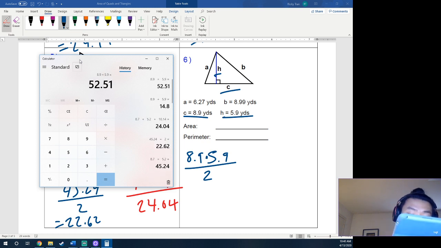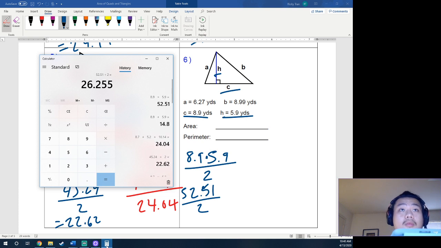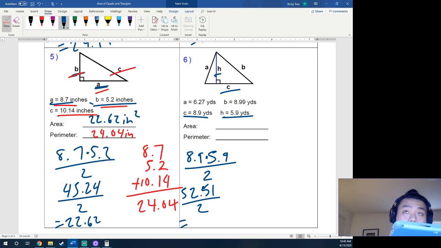There we go. 52.51 divided by 2, which is 26.255. Okay, 26.255 yards.